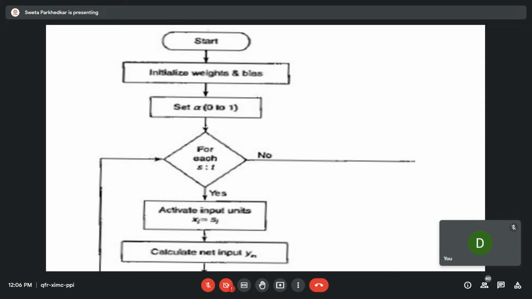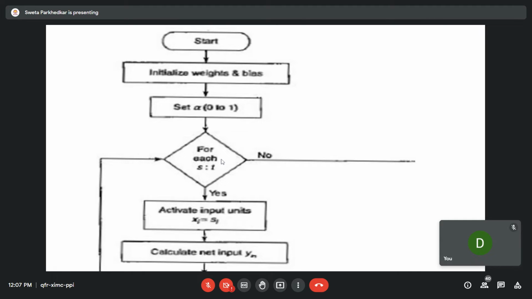Initially the inputs are assigned, and then the net input is calculated. Okay. How can you calculate this net input? By taking a weighted sum of the inputs and the weights.